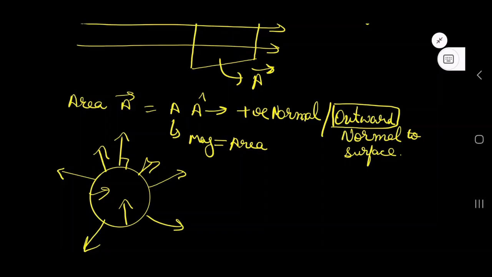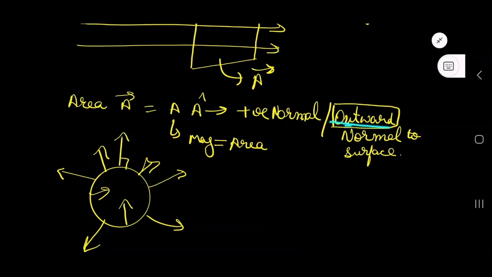Okay, so these all are normal to the surface. But what we have to consider is the outward normal. Outward means the arrows which are pointing outward from the surface, these all. Okay, so these are outward normals to the surface. These will not be included. Okay, so it will be the inward normal, and it will be pointing inside the sphere, right? So they are normal, but they are not the point of consideration in our topic, right?